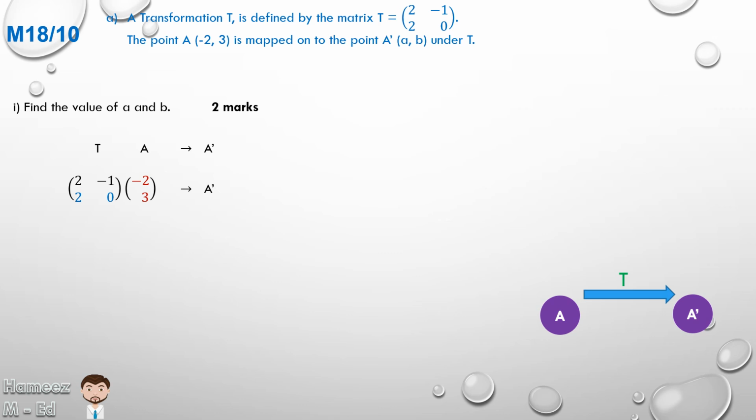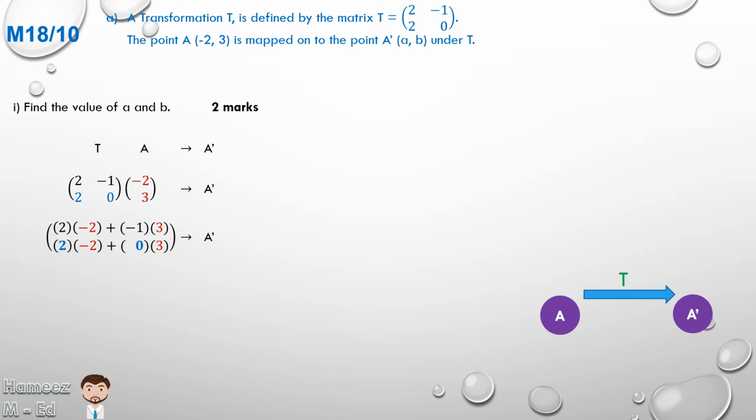So the first row is in black, so it's 2 by the column in the second matrix, -2, so black by red, plus -1 by 3. And the second row is blue by red. So it's 2 by 2 plus 0 by 3.